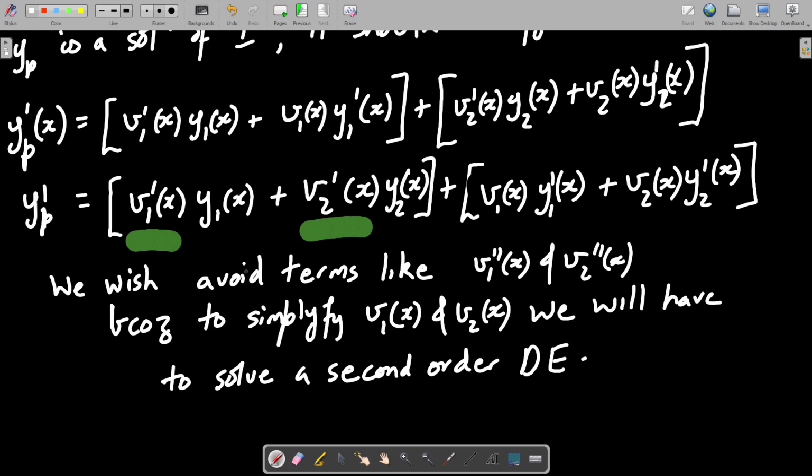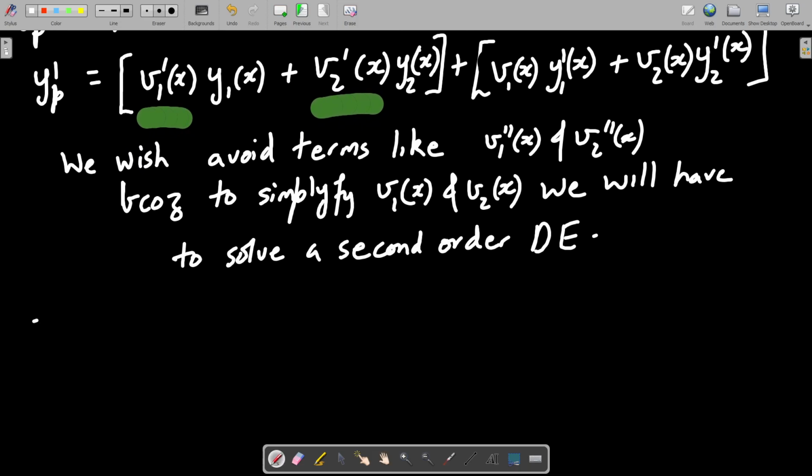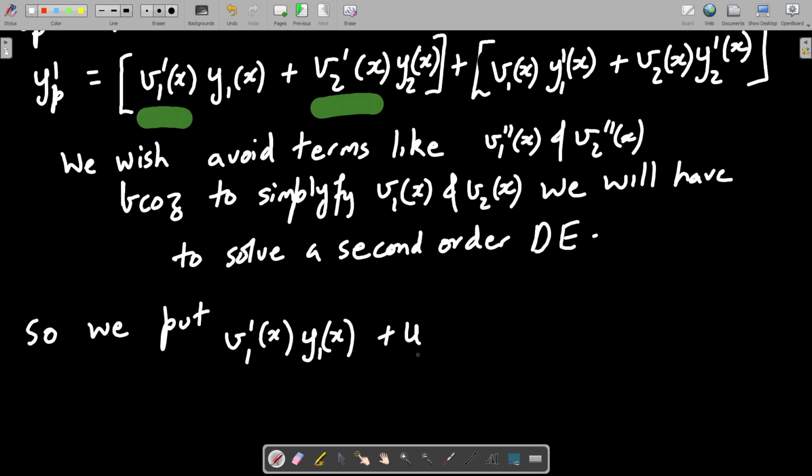So what we do, we put this expression v1 prime of x into y1 of x plus v2 prime of x into y2 of x equal to 0. So we put this quantity equal to 0.